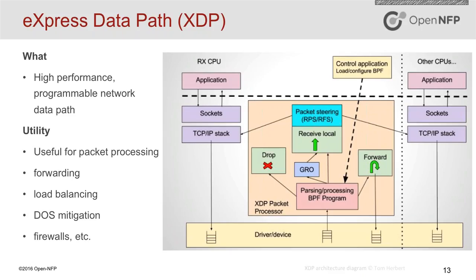So it's there to do many of the things that you'd like to do with eBPF and packet processing, doing forwarding or load balancing, or looking at packet arrival rates to mitigate denial of service attacks, or just implement basic firewalls.